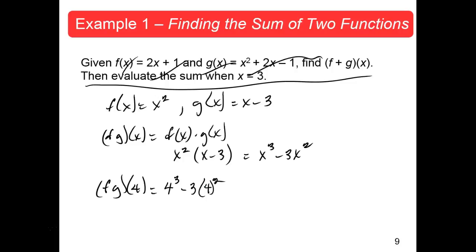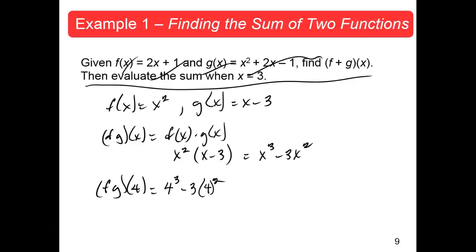Now, it sounds a little bizarre, but you would not think of doing this as 3 times 4, then squared, would you? No, you do the 4 squared, and then multiply by negative 3. That's the reason that the negative 3 wasn't there. You do the 4 squared and then negate it.